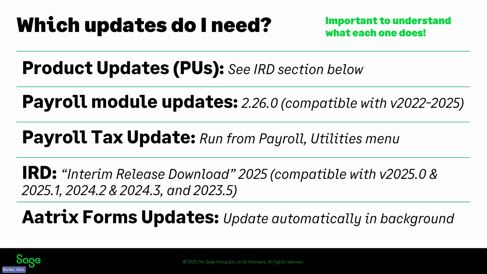Sage 100 is a larger, more complicated software package, what used to be termed ERP in the industry. But essentially, we have so many users who have custom programming installed, doing all sorts of different things. Union payroll, shipping, barcode scanning, tons of different things. When you install an update, if you have custom programming installed, you need to check with the maker of that custom programming, because it wouldn't be Sage.